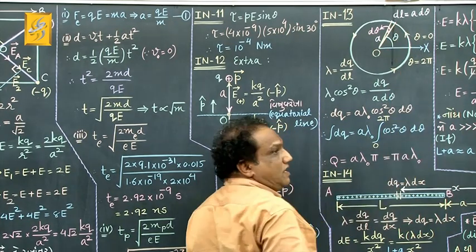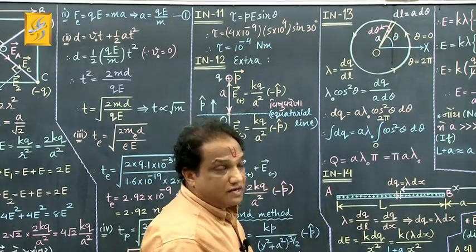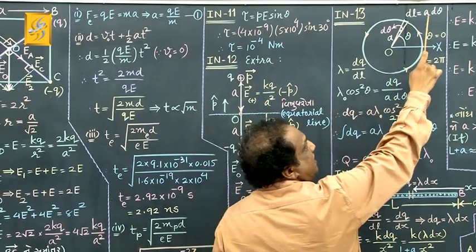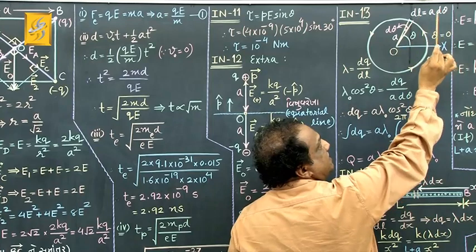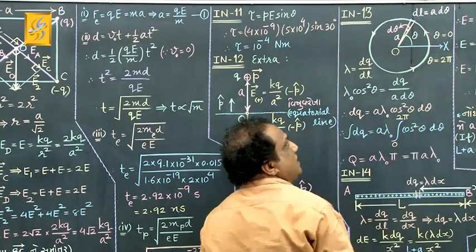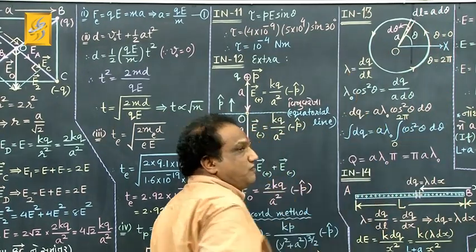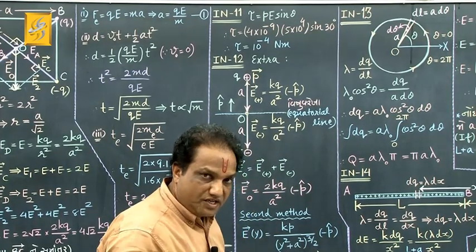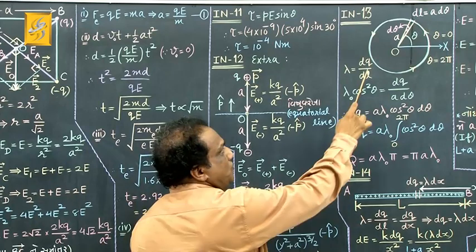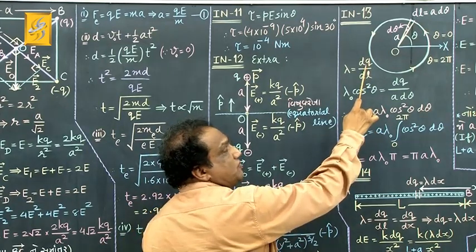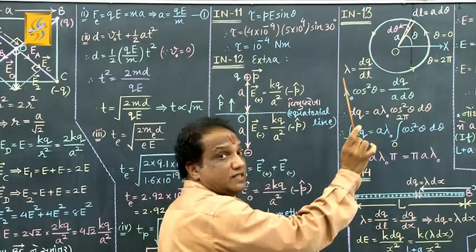Now what about the length of a circular arc? It is always radius into angle. Radius is a, angle is d theta. For a linear charge distribution, recall the linear charge density formula: lambda equals dq upon dl, where dq is the charge of the charge element and dl is the length of the length element.